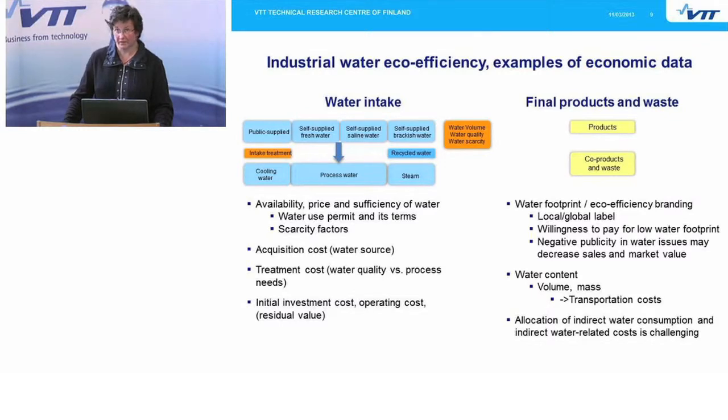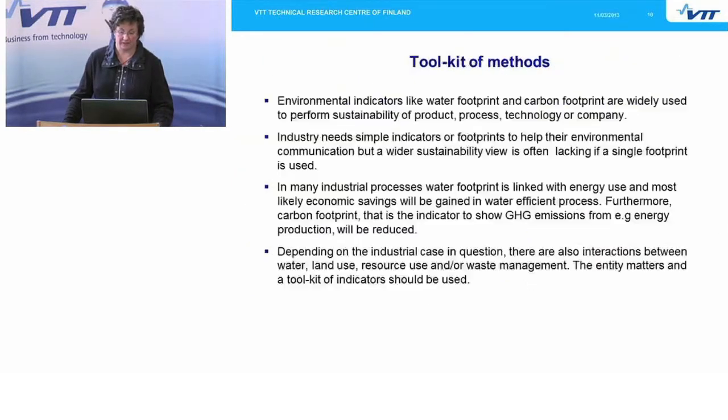And when we're talking about the products or waste, there might be some branding issues where you can perhaps evaluate the value. And certainly, if there is water content in the product, that can directly be calculated as transportation costs. But anyhow, the allocation of indirect water consumption and indirect water-related cost is quite challenging, and we are working on it at the moment.